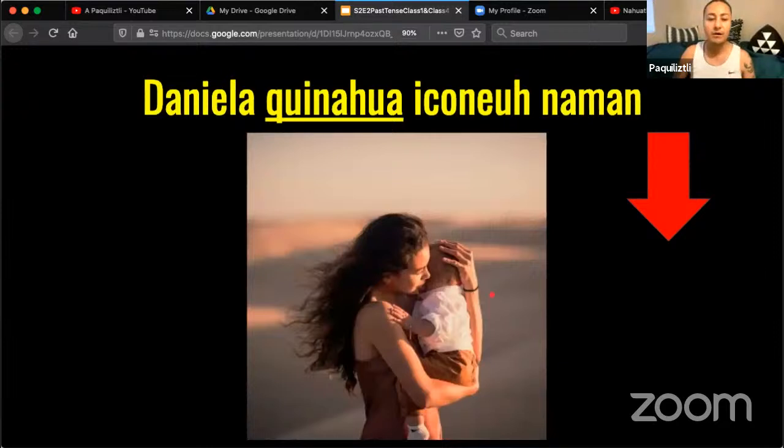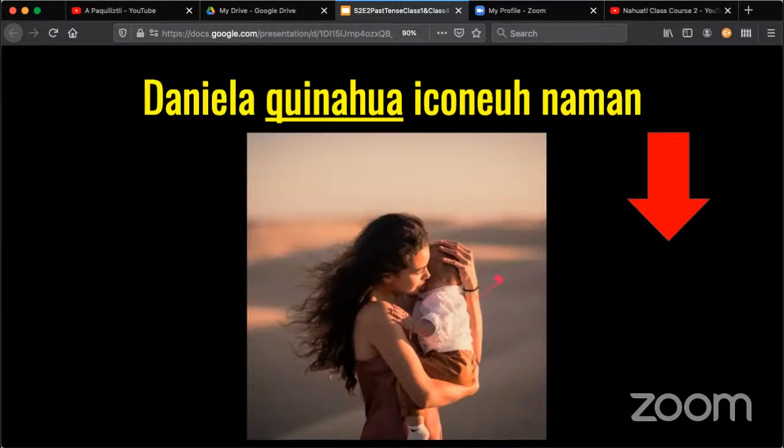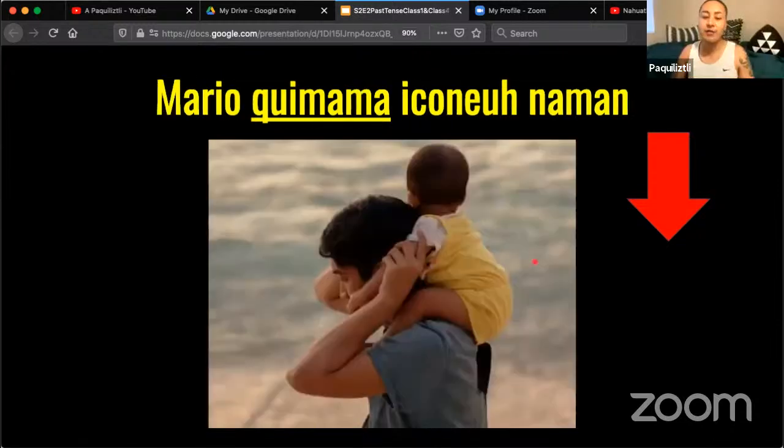¿Cuál? All right. Daniela kinawa ikone naman. Daniela kinawa ikone naman, kena. Okay. Although this word nawa is more specific than just hugs, but we'll talk about that.